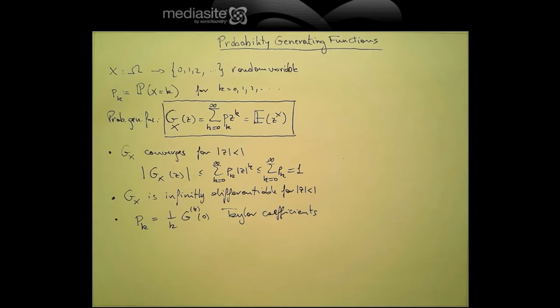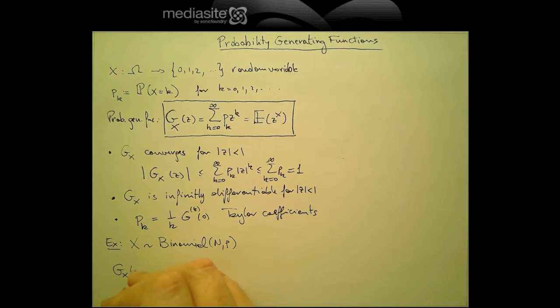Okay, so now let me do a few simple examples, just to warm up a little. Suppose X is a binomial with parameters n and p. Right? What is the probability generating function in that case?